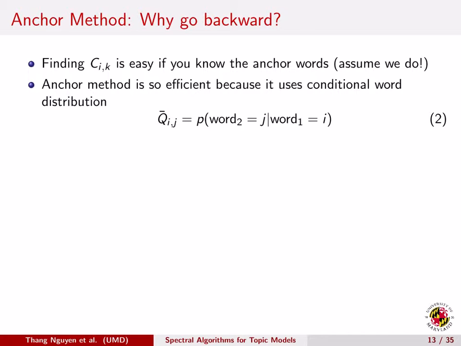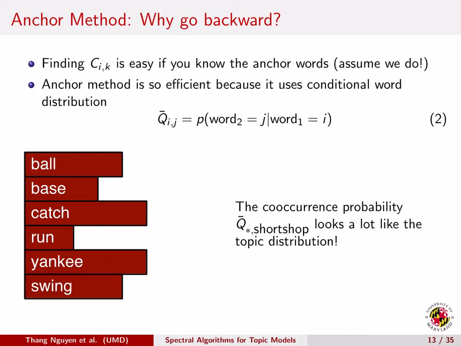And if you look at the co-occurrence probability for an anchor word, like shortstop, that looks a lot like the topic distribution that we're interested in. Because once you see shortstop, the other words that you're going to see are going to be a lot like what you'll see in the baseball topic.